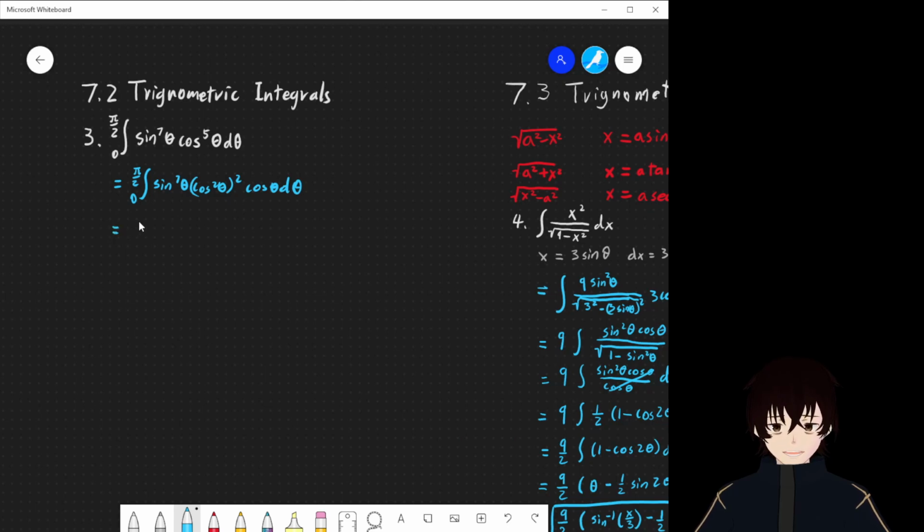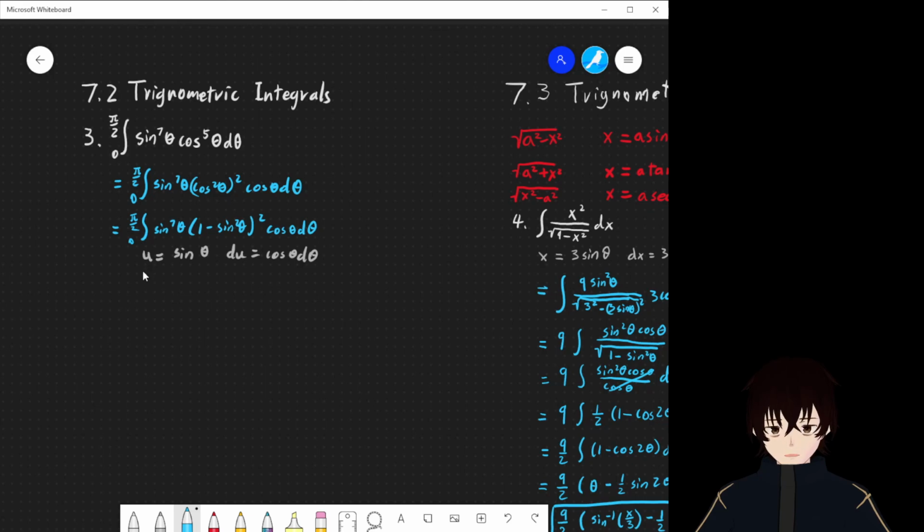Then I can say this is the integral from 0 to pi over 2 of sine 7 theta times 1 minus sine squared theta squared cosine theta d theta. Now we can do a u sub. U is equal to sine theta, therefore du is equal to cosine theta d theta, which is perfect.